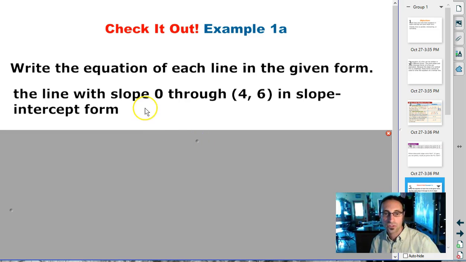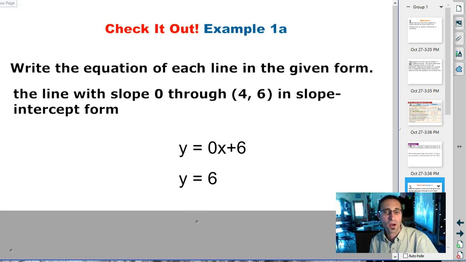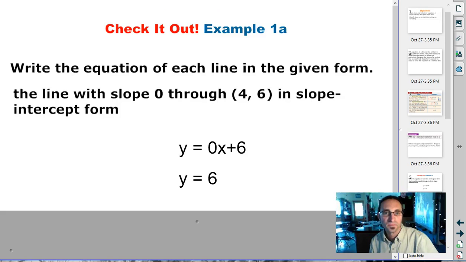Well, any line with a slope of 0 has to be a horizontal line, which means this problem is just a simple y equals y-intercept problem. All right, well, what's the y-intercept? The y-intercept is also right here at 6, which means for all values of x, y is equal to 6. Sweet. Again, pause me, rewind me, do what you need to do.